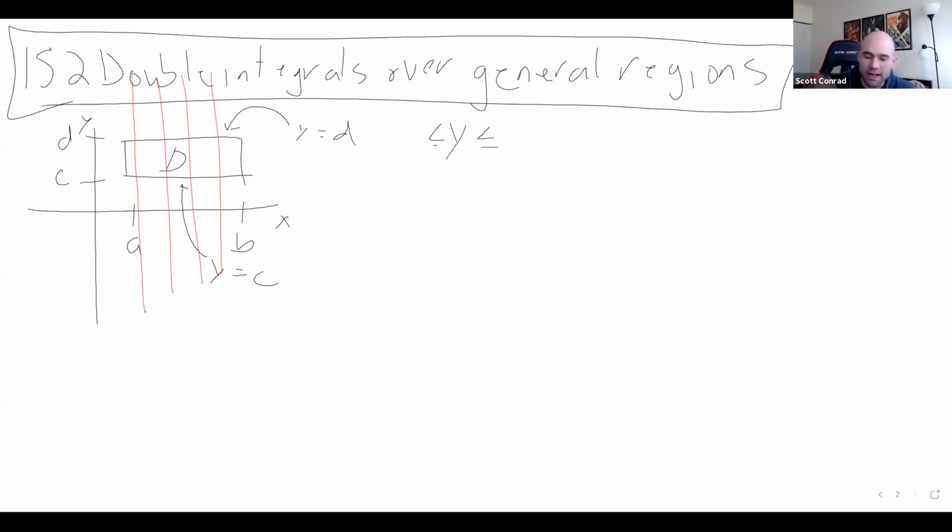And so y is bounded by the functions y equals c and y equals d. Those are just numbers, but as we'll see in a sec, we can replace those with functions of x, more complicated curves, and do the same thing. And then x is just bounded between numbers a and b.